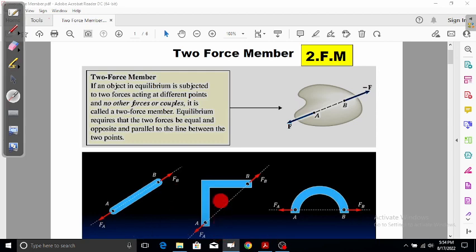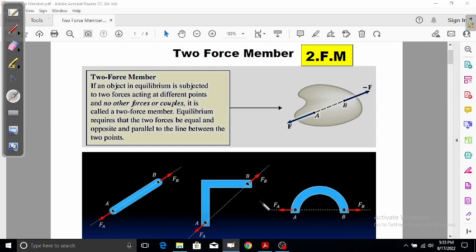Another very common type of bracket used in everyday affairs is this L-shaped bracket. There are two holes punched into it, and in those two holes we can apply two forces with the same conditions: the same magnitude, opposite sense, and collinear to each other.